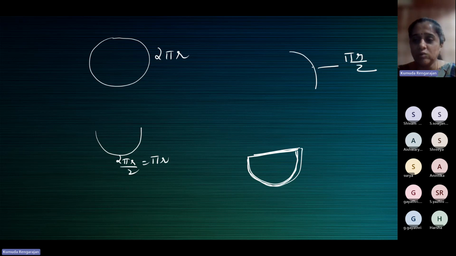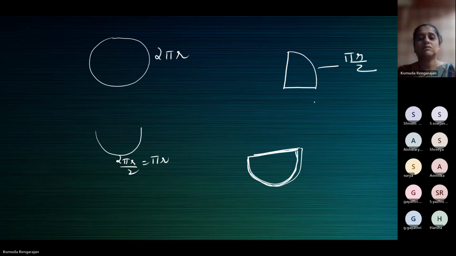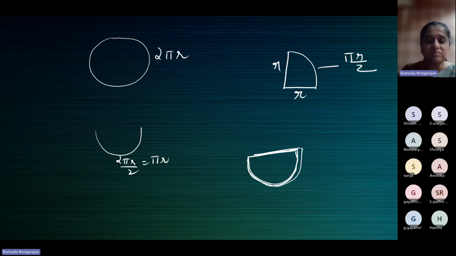Similarly, the length of this one alone is pi r by 2. The perimeter of the quadrant will be pi r by 2 plus r plus r, or plus 2r.